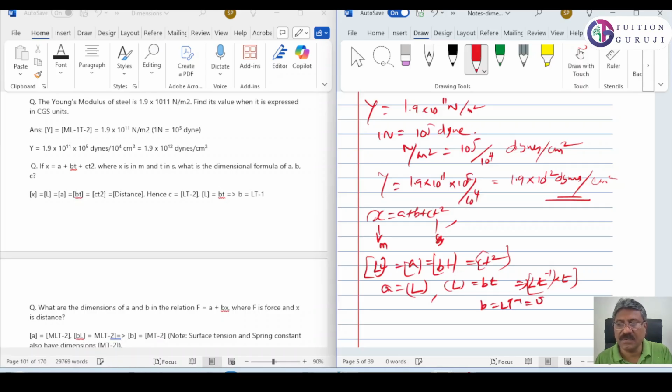Now next, L is equal to C T square, so multiply by T raised to minus 2 into L. Then T square will become 1, and L will be balanced on both sides. So C is equal to L T raised to minus 2.